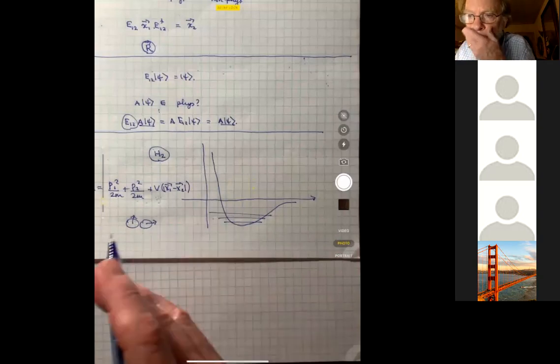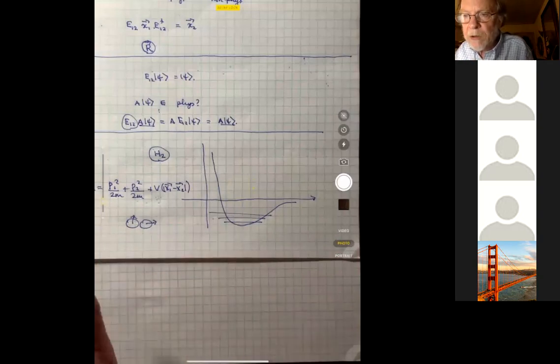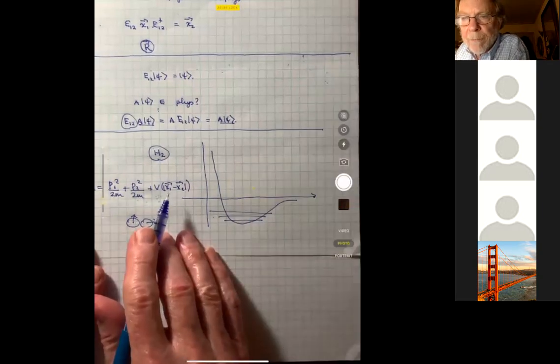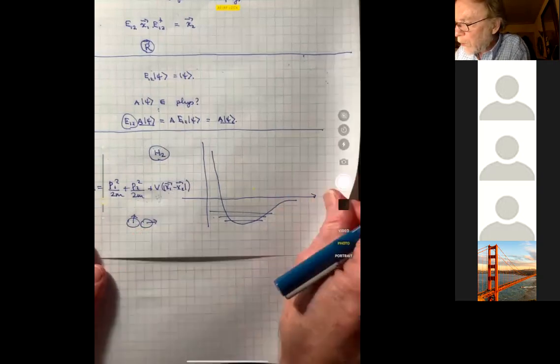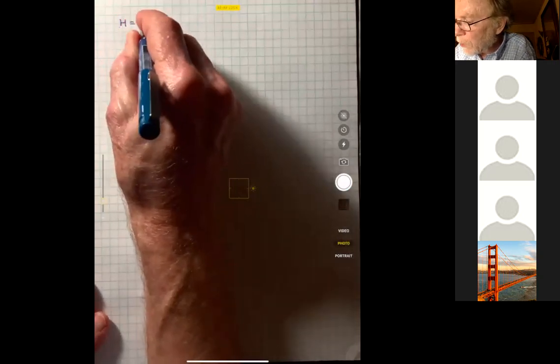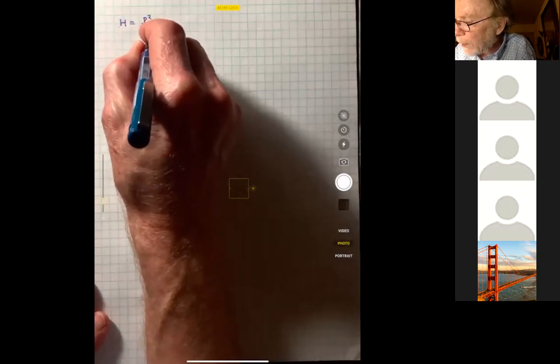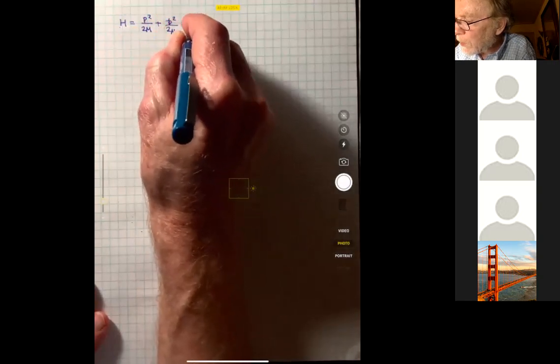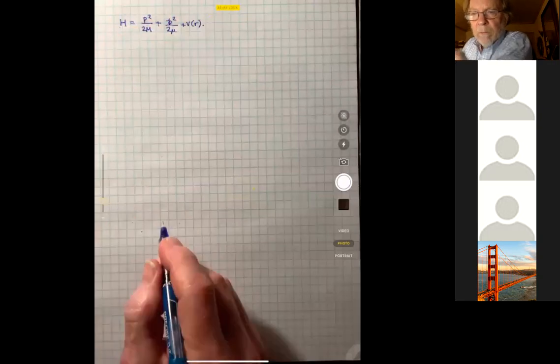So that discussion doesn't change, nor for that matter does the transformation from lab coordinates of the two hydrogen atoms over to center of mass and relative coordinates. When we do that, we're going to get, of course, the Hamiltonian in those variables, which is going to be big P squared over 2 capital M plus lowercase p squared over twice mu plus V of R. It's the same Hamiltonian we had before.